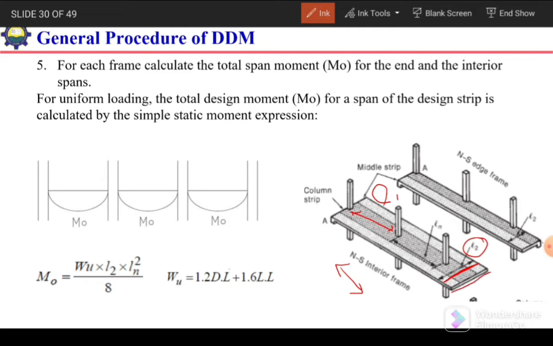So L2 will be the width of frame and L1 will be the span length. So always keep in mind L1 is in the direction in which we are going to calculate the reinforcement, so the direction of frame, and L2 is the transverse dimension, and this is actually equal to the width of frame. So here you can see this L2 is the width of this exterior frame, and here L2 is the width of the interior frame.